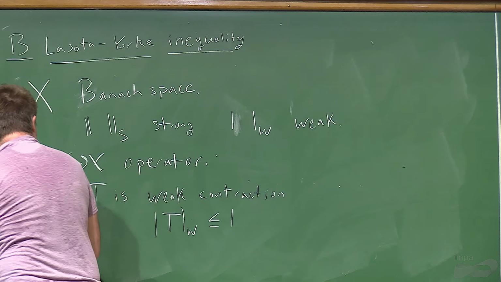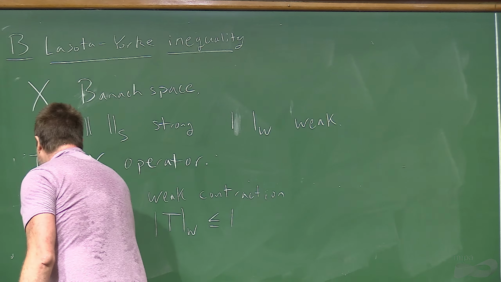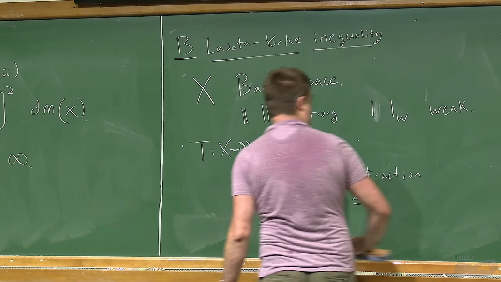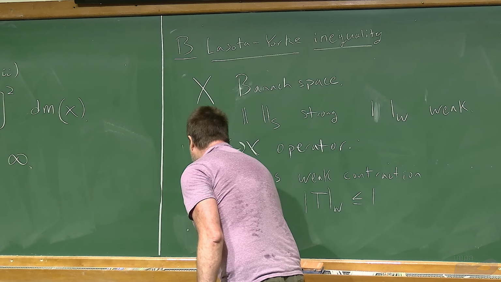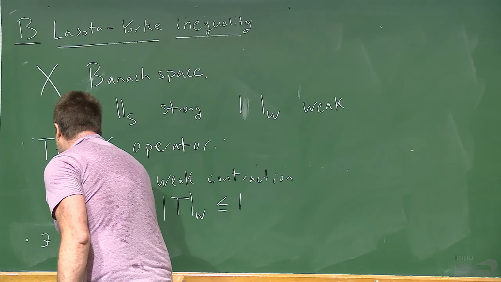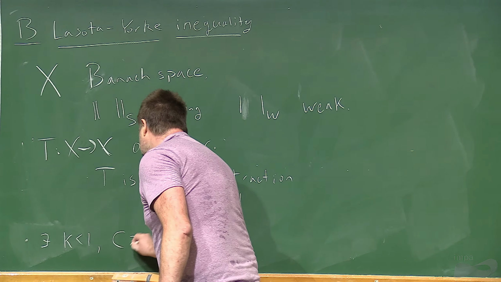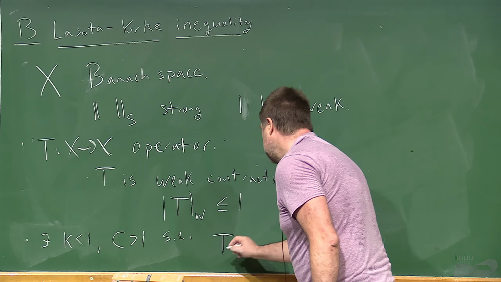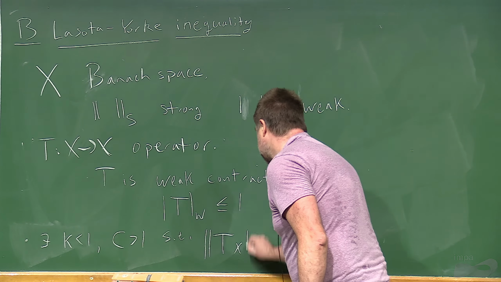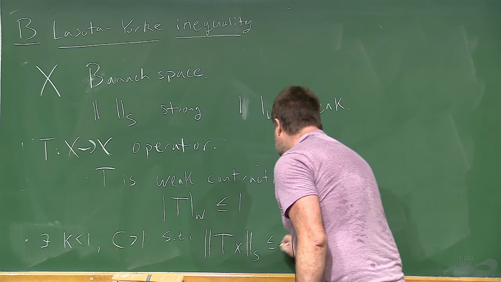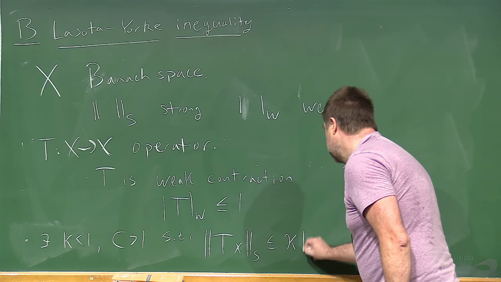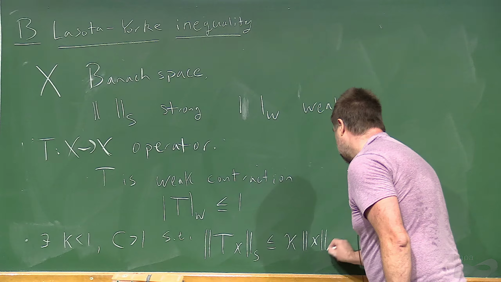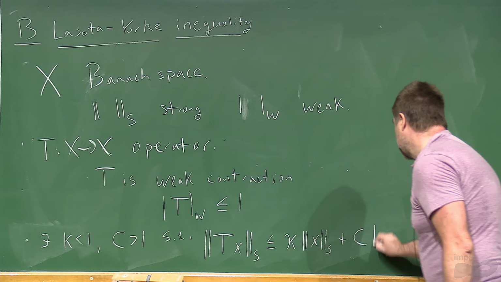And then the usual setup involving the strong norm is that there exists some contraction rate kappa less than 1 and some c bigger than 1, such that the strong norm of T of x is at most kappa times the strong norm of x plus some additive correction, c times the weak norm of x.